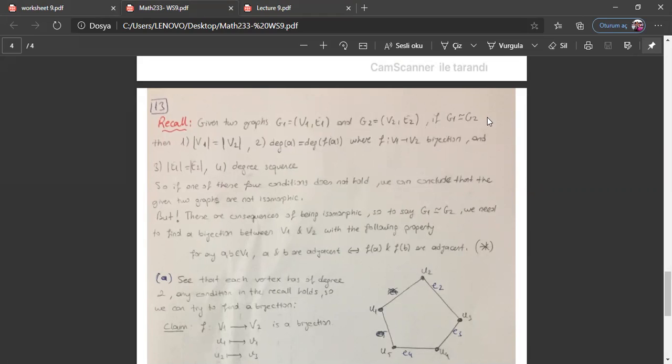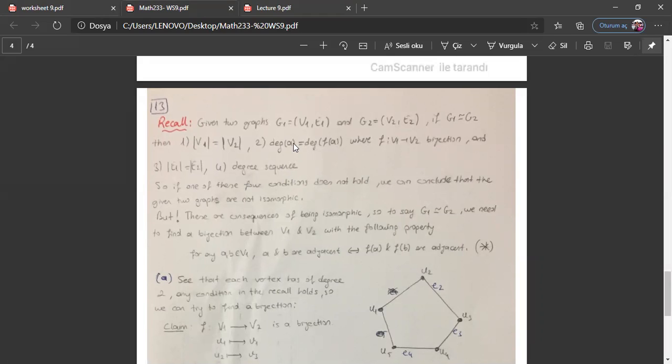If they are isomorphic, then the cardinalities, the number of elements of the vertex sets, should be equal, and the number of edges also should be equal, okay? And their degree sequences should be equal.